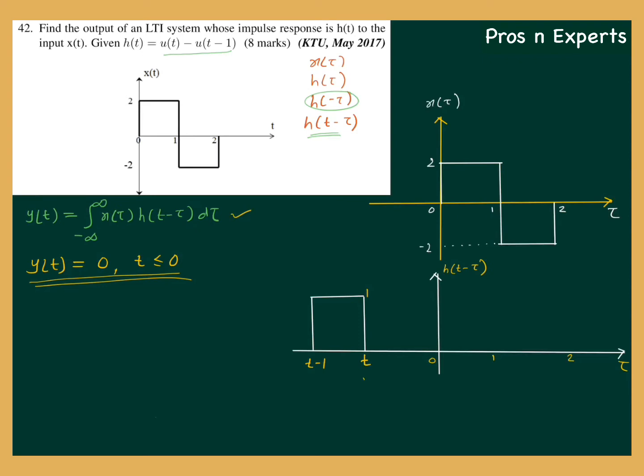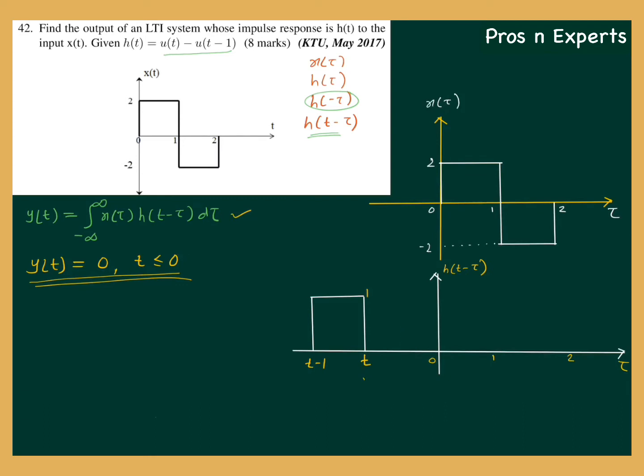Now what is the next procedure? We are incrementing t until t less than 0, so we got output 0. Now we are again incrementing t, so this signal enters or overlaps with x of tau. While slightly incrementing t, the leading edge of this signal overlaps with x of tau, but the trailing edge is still outside x of tau.